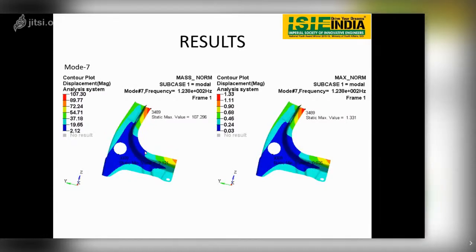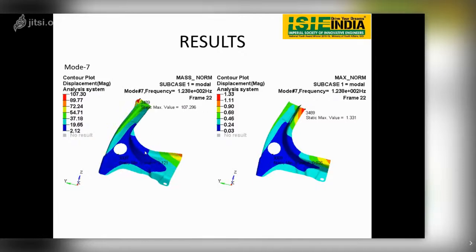Based upon strain energy, we can improve the natural frequency. Now if I see the seventh mode, it comes after the 6th mode. The first 6 modes are the rigid body modes, and in the 7th mode we are getting the deformation. The deformation is like this.